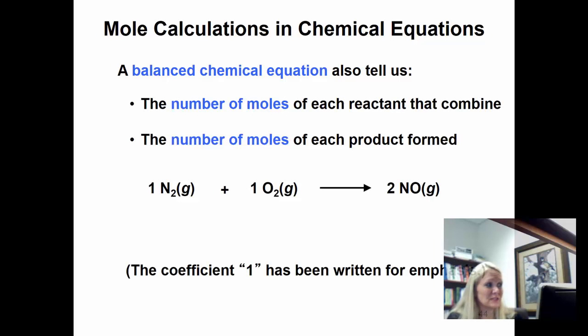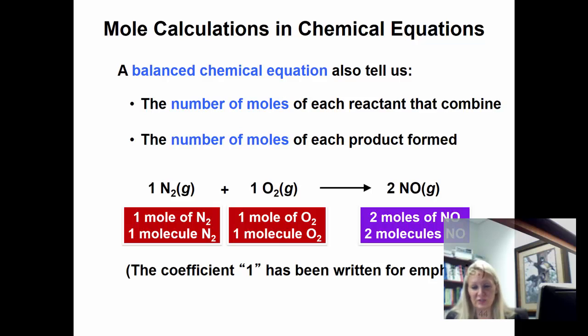So a balanced chemical equation also tells us the number of moles of each reactant that combine to give us the number of moles of each product formed. So we have a common relationship between all of our compounds in a balanced equation.